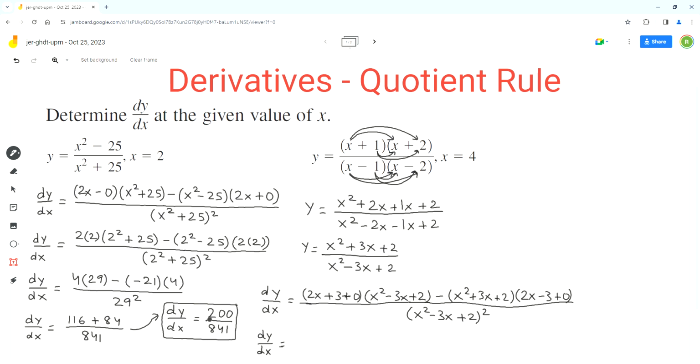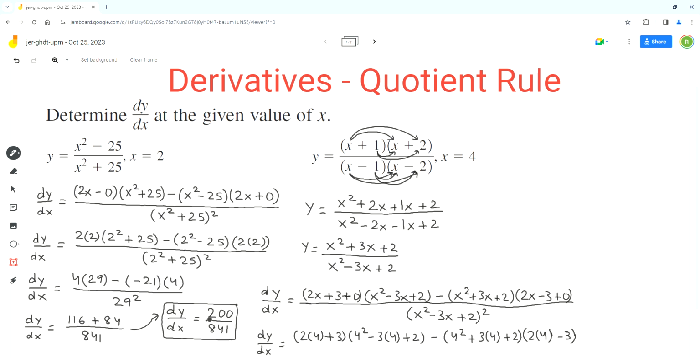So in the first parentheses we get 2 times 4 plus 3, and we can ignore the 0, and then 4 squared minus 3 times 4 plus 2, then the second part minus, then 4 squared plus 3 times 4 plus 2, and then 2 times 4 minus 3.